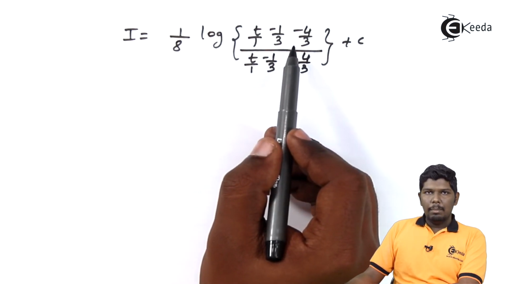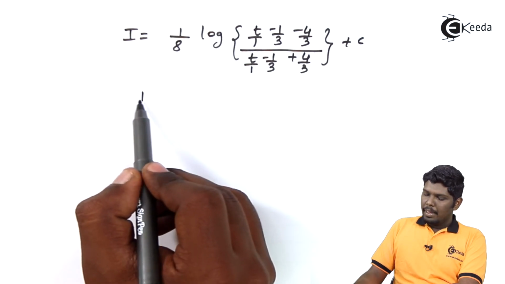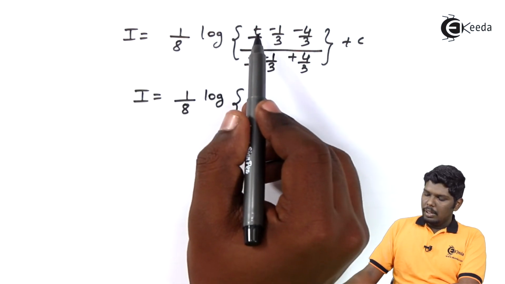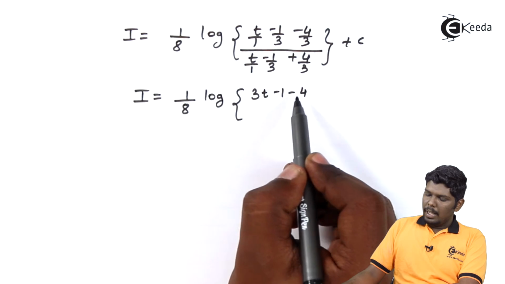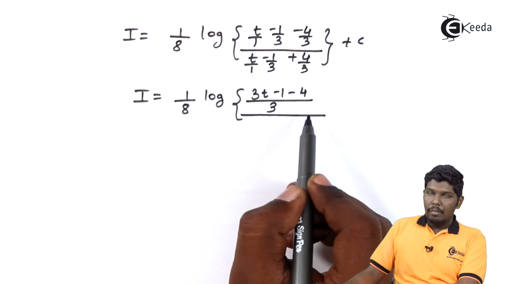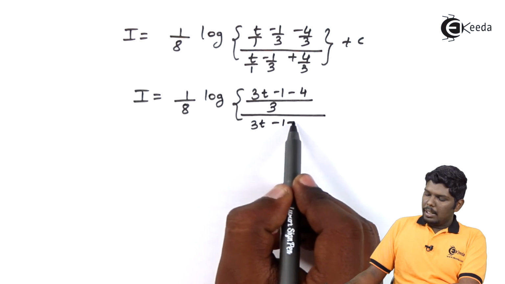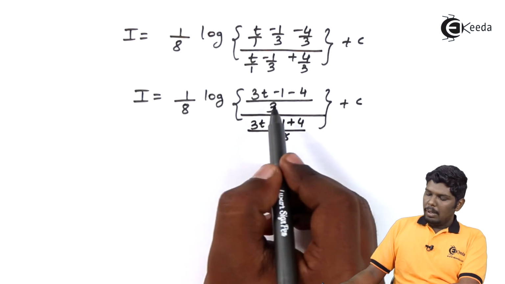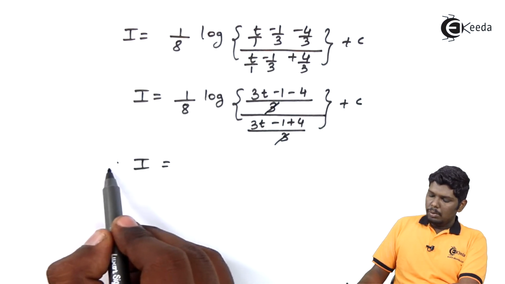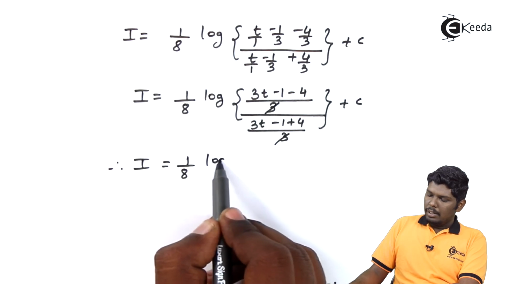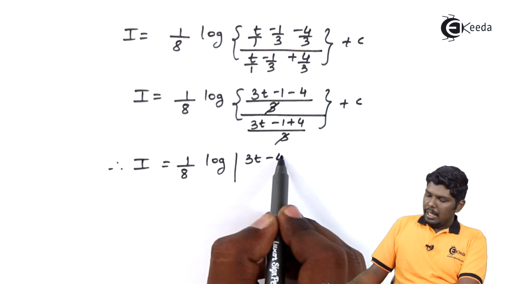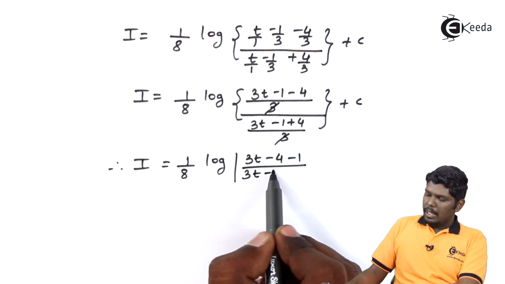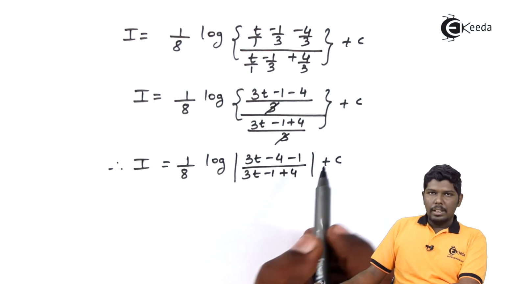We can take 3 as the LCM in the numerator as well as in the denominator. This will give you 1 upon 8 log of 3t minus 1 minus 4 upon 3 divided by 3t minus 1 plus 4 upon 3 plus c. 3 will be cancelled and I is equal to 1 upon 8 log of 3t minus 4 minus 1 upon 3t minus 1 plus 4 plus c.